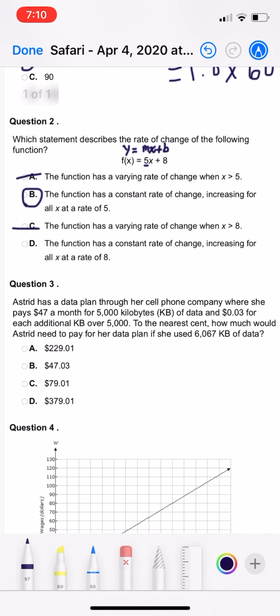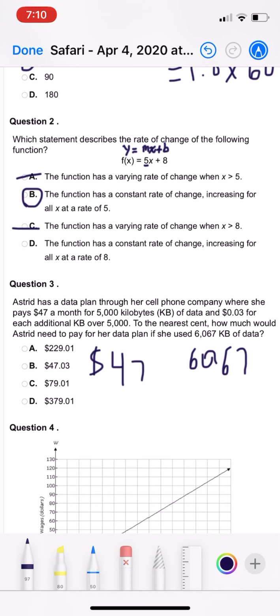She pays 47 a month. So I know that she pays $47 a month to get 5,000, and we're looking for how much she would need to pay if she used 6,067.